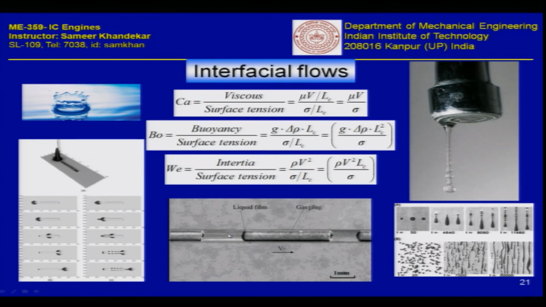Such interfacial flows can also come up in lab on chip devices. For example, here you see a particular droplet coming in, there is an obstacle because of which the droplet breaks down and then again reforms into one particular droplet. Depending on the velocity, the droplet interface may deform in different ways, and you can also get some small droplets which are left behind.